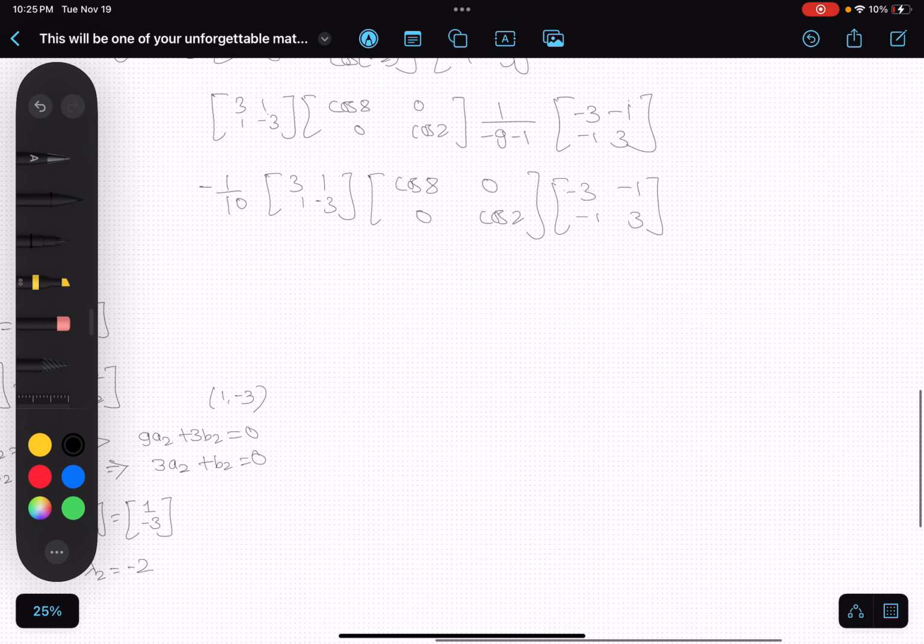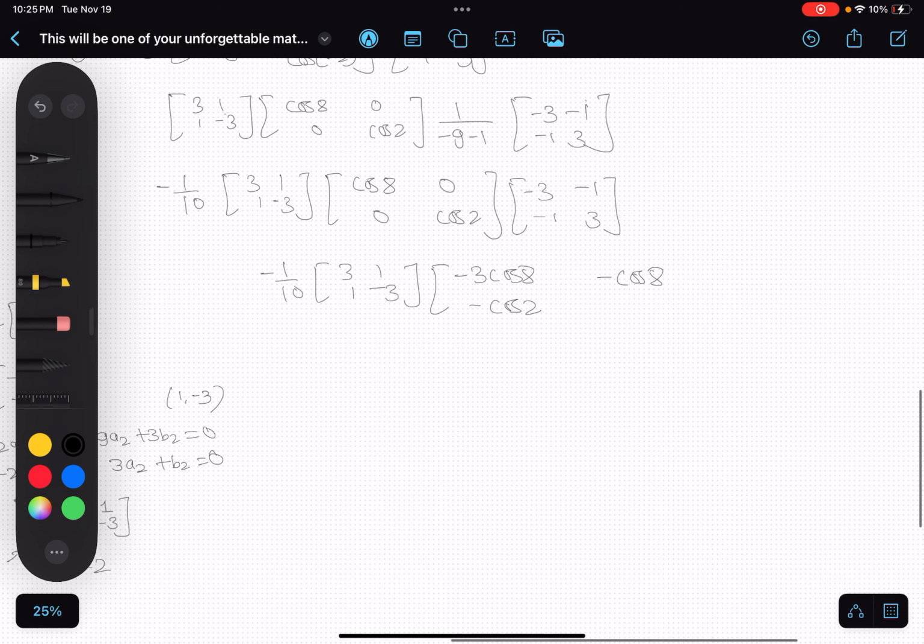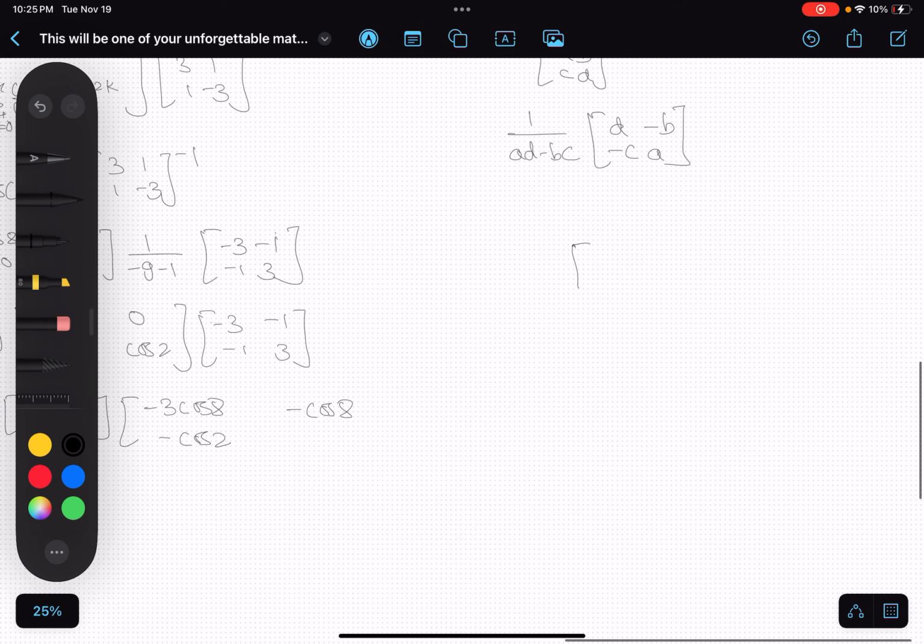Now we can just multiply one by one. We can just go on multiplying. First of all, let's multiply the last two matrices. So that will just be negative 3 cos 8 plus 0, and this will also be negative cos 8 plus 0. So this will just be negative cos 2. And I guess you guys know how to multiply, right? Like I can assume that definitely, right? Let's say this is a1 b1 c1 d1 times a2 b2 c2 d2.